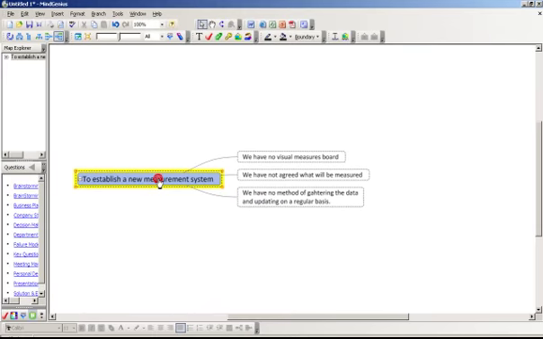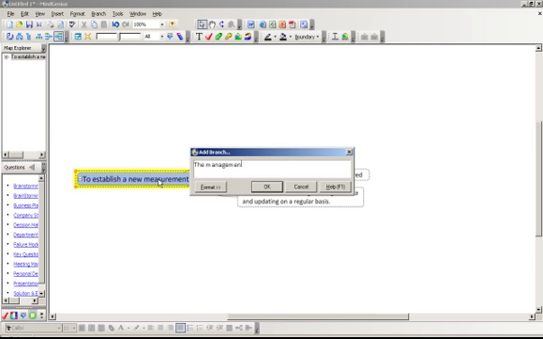And let's say the final obstacle was that the management team don't understand how to problem solve and use the new measures.